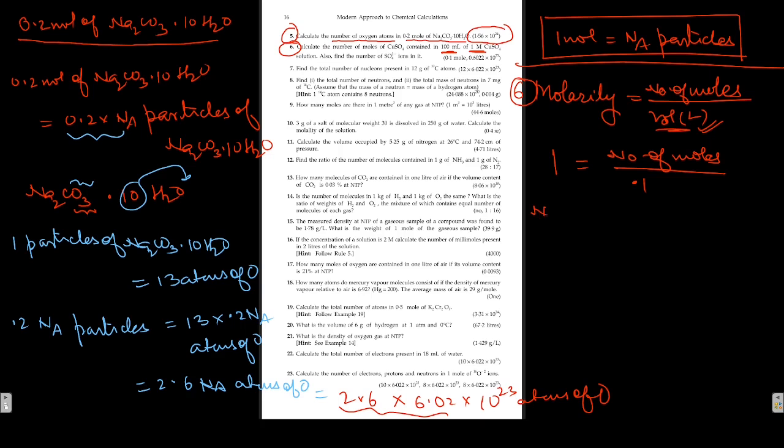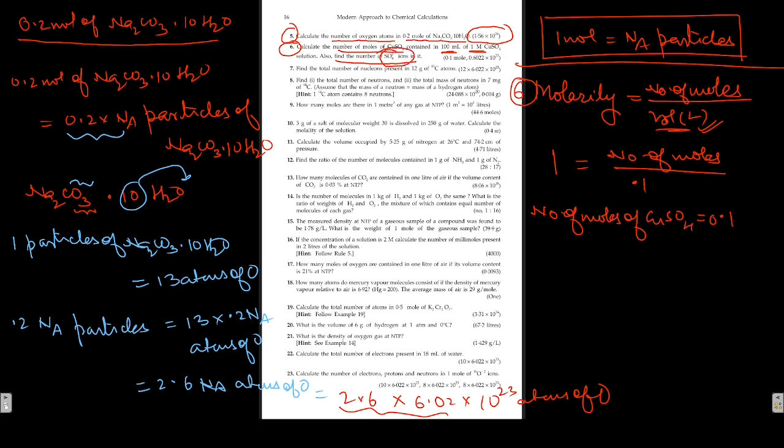So the number of moles of CuSO4, copper sulfate, is equal to 0.1. Now we have to find the number of sulfate ions.